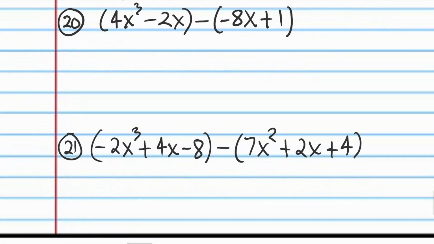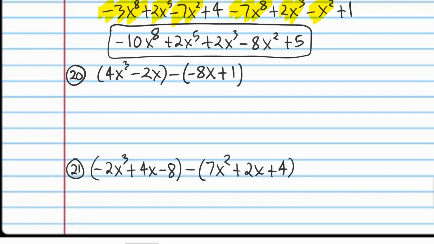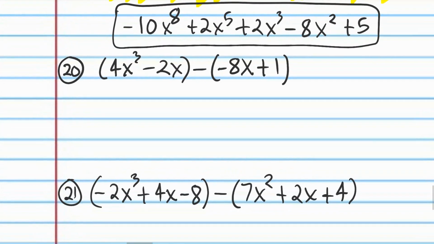All right, how many more of these do we have? I want to see what's going on here. Looks like we have 2 more of these problems. So try number 20, and when you come back, we'll do it together. All right, we're back.